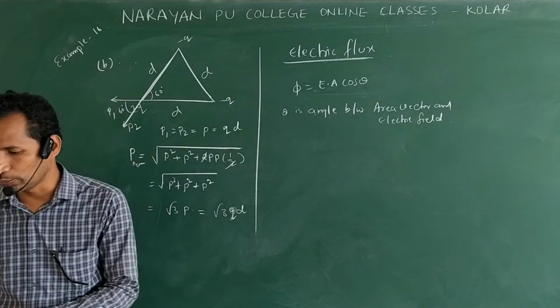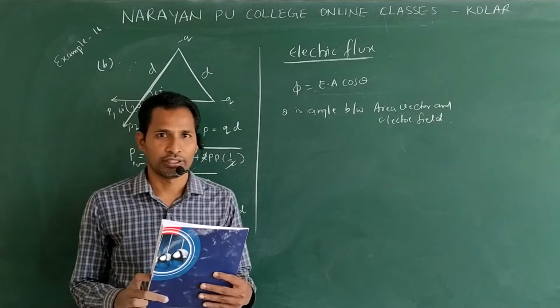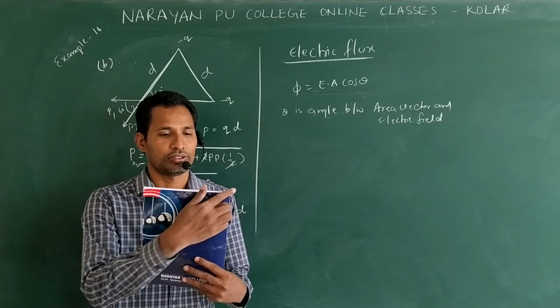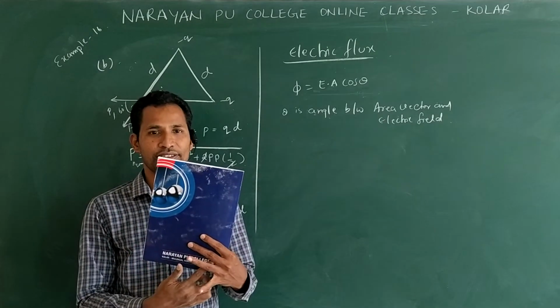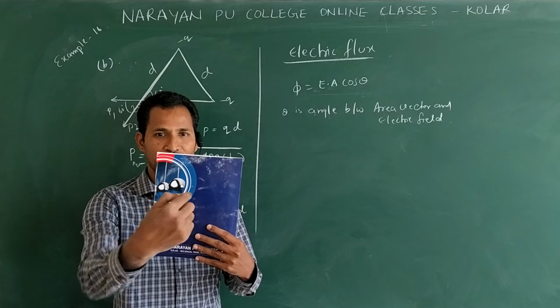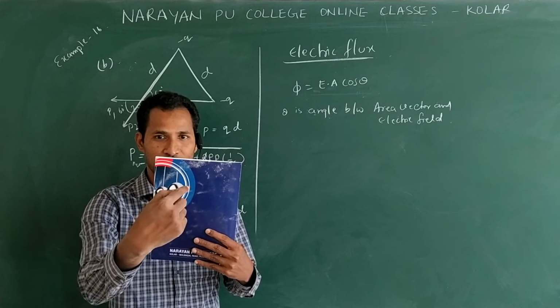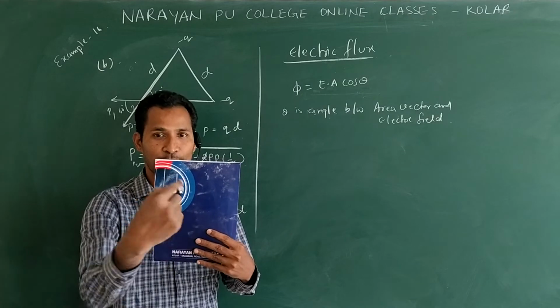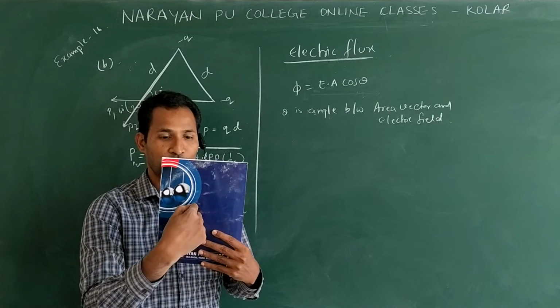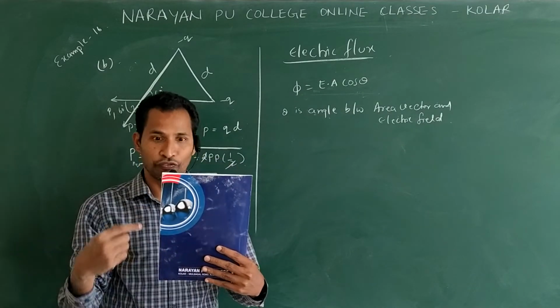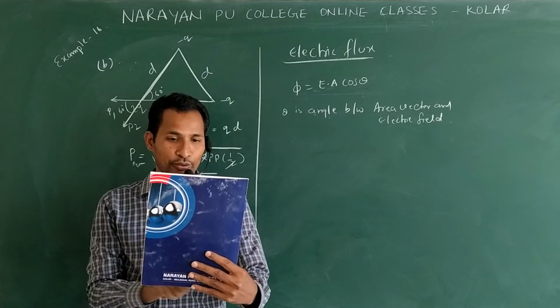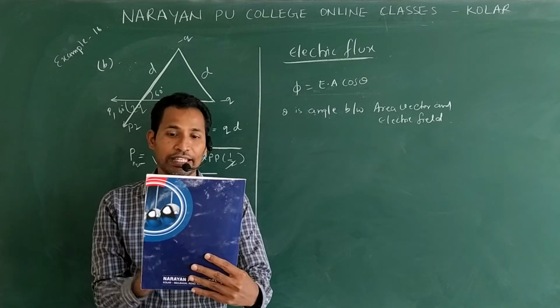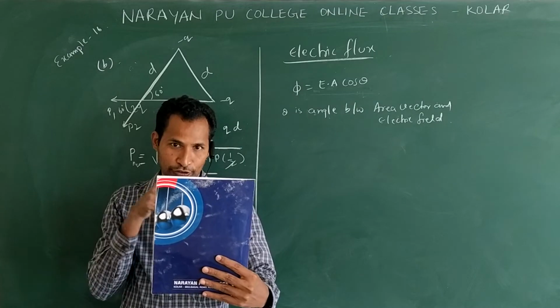So the area vector always acts perpendicular to the area. See, if you take a book, and this book area is this, the area vector acts perpendicular to this plane. So this face is seeing you. So with respect to you, the area vector acts perpendicular, toward you. With respect to me, this area is looking at my face, so the area vector acts perpendicular to me.